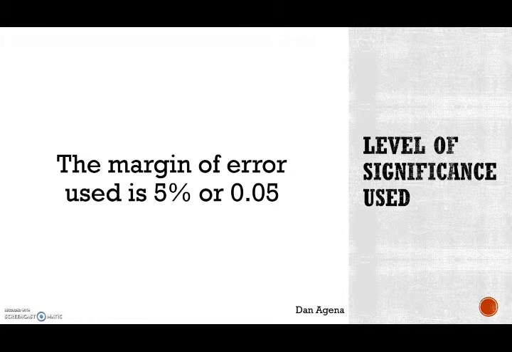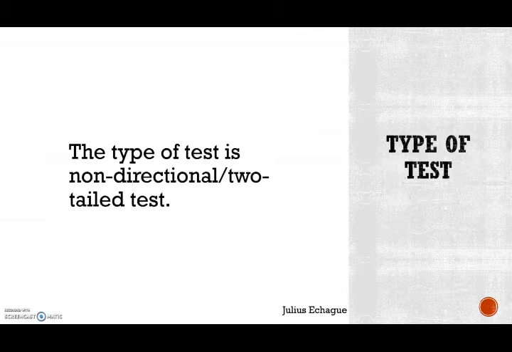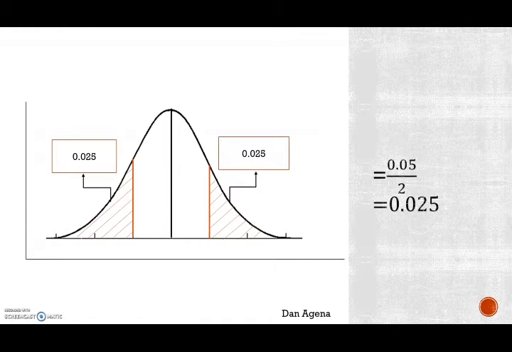Proceeding to the second step of central limit theorem, the level of significance or the margin of error we have used is 5% or 0.05. The type of test we're going to use is non-directional or two-tailed test because we're only going to determine if the researcher's claim is true or not. Since the problem shows 95% confidence level, we must subtract 95 from 100, which results to 5% or 0.05 margin of error.